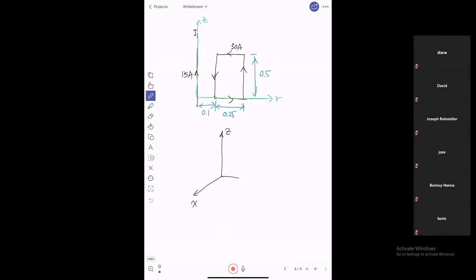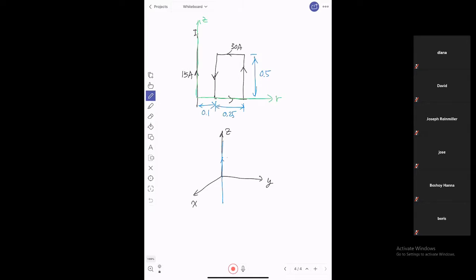X and y. I can think of this plane. I can pick any plane, as a matter of fact. I can use x or z. Let me use a different color for my circuit. Here is my wire going through here.